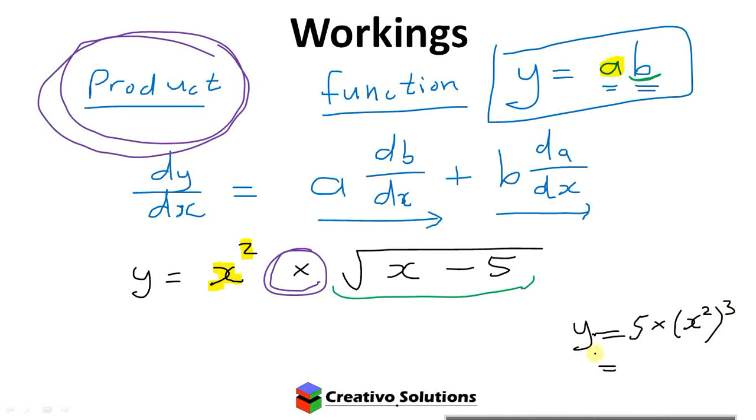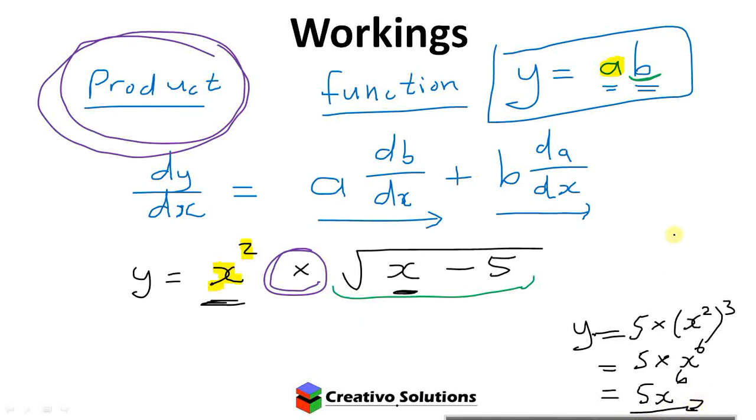No, I wouldn't, because I've got 5 and I've got 1x. Product rule only applies when you've got x here and you've got x there and you're multiplying. Because this I can simplify. Do you agree? This will be 5 times what? x to the 6. And then that'll be 5x to the 6.